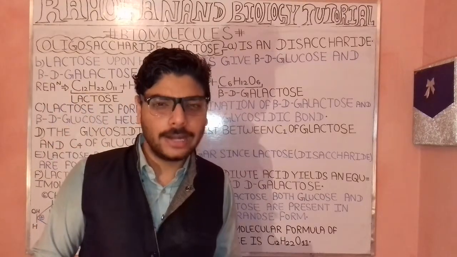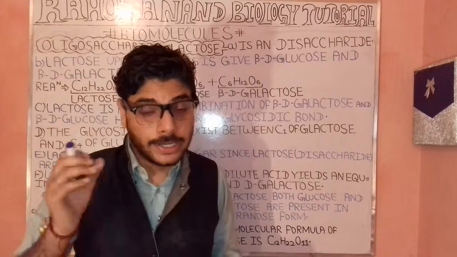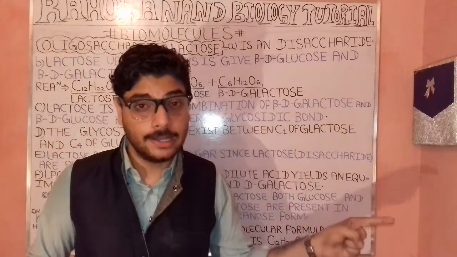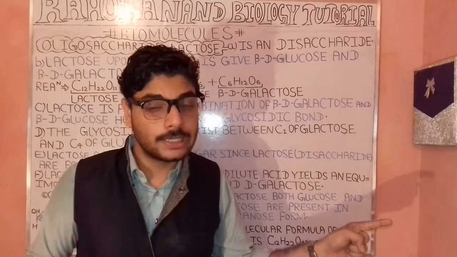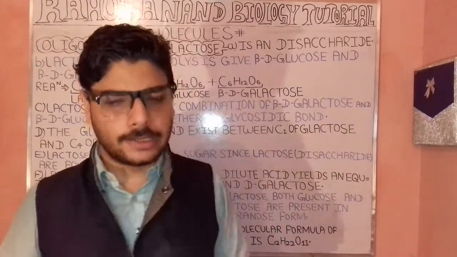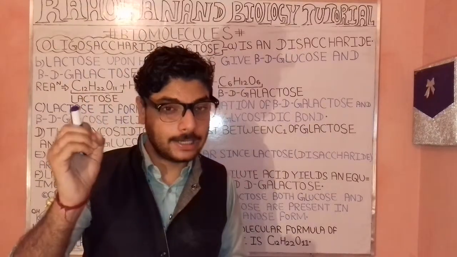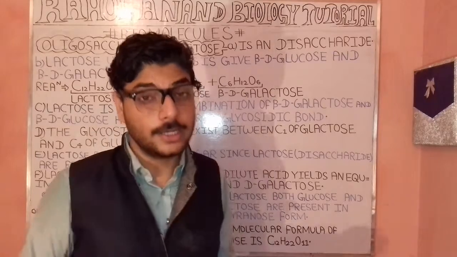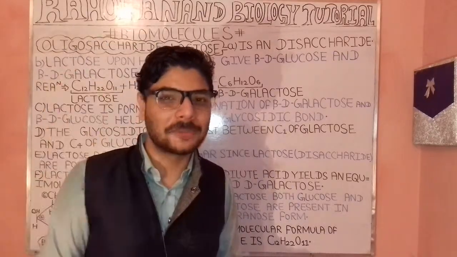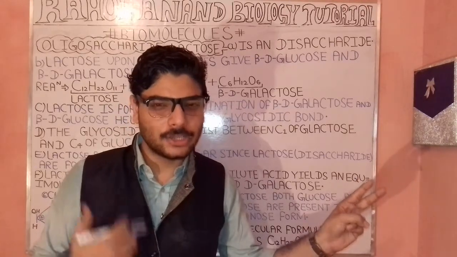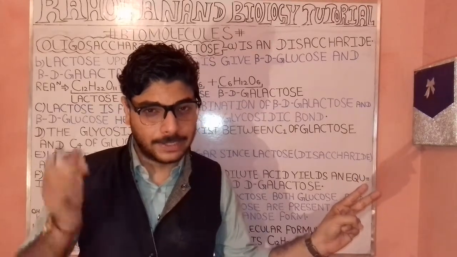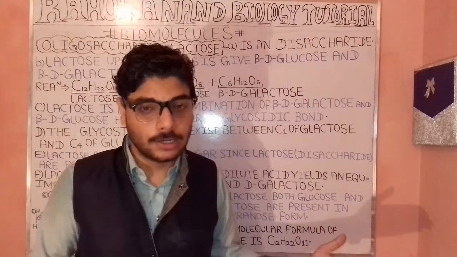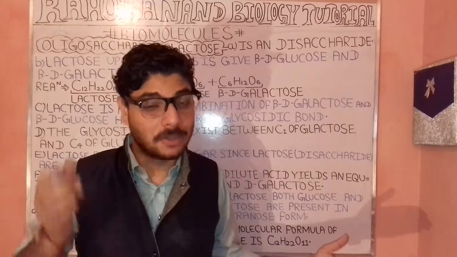We have also understood that when lactose is treated with dilute HCl, it gives an equivalent mixture of beta-D-galactose as well as beta-D-glucose. In lactose we have beta-D-galactose and then beta-D-glucose, arranged in the pyranose form.